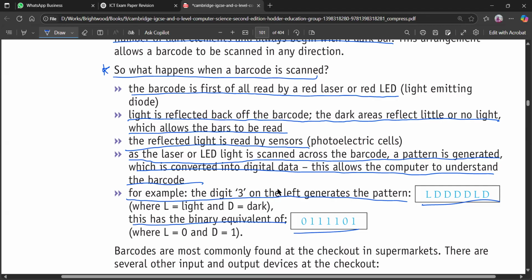Is that clear? Can you write it, please? Can you write how the barcode is converted?